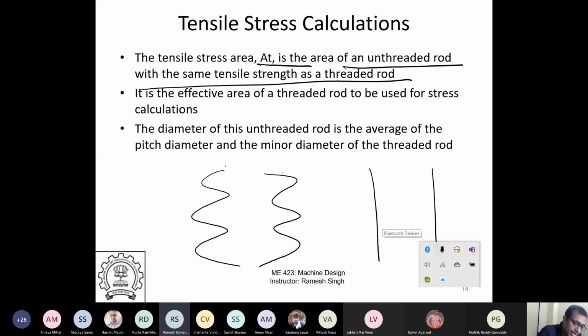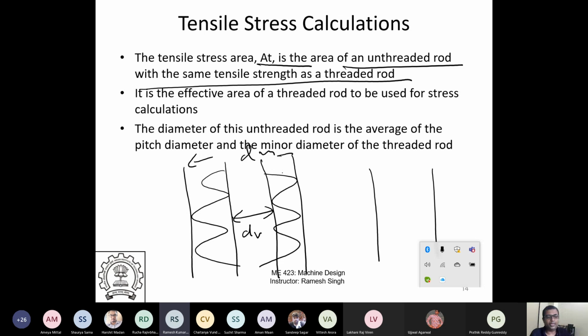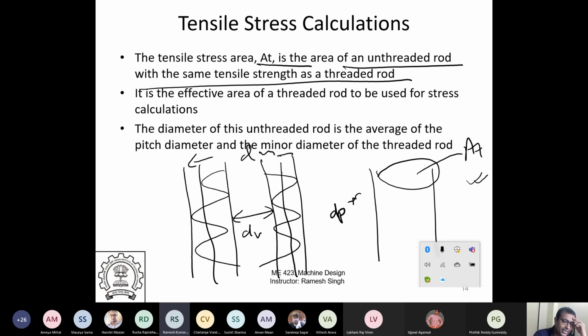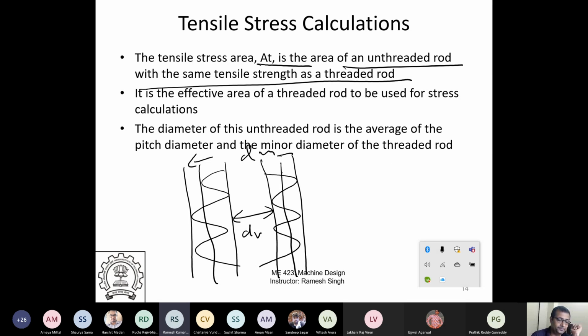So here there is DR, this is D max, and then there is the pitch. For this kind of threaded portion, I have to find out what will be an equivalent solid rod which will have a cross-sectional area of AT. And this is what you use in all the calculations. In the bolt design calculation, you use AT for the threaded portion. And this AT is nothing but an average of the pitch diameter and the minor diameter, which is the smallest diameter.